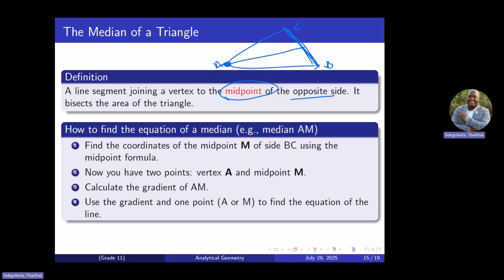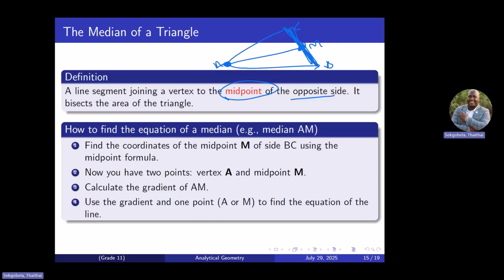So now if that is the case, you have two points, the vertex A and the midpoint, which is M. That is our midpoint. Now, how do we solve this? It's very easy because we know how to find the midpoint.